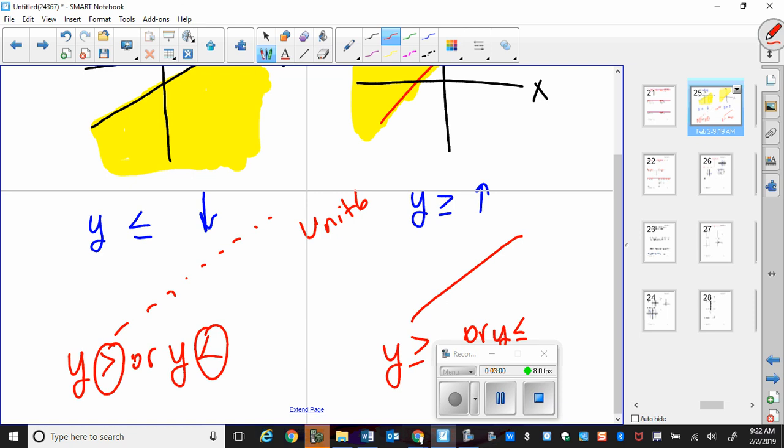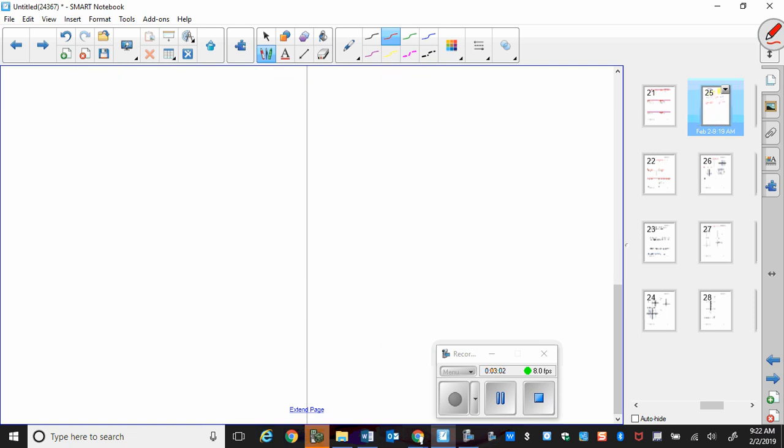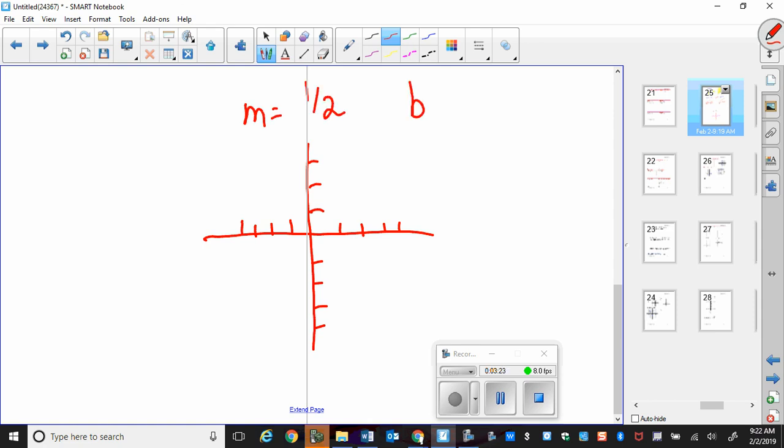Now, also, unit 5. On unit 4, how do we find the slope of a line? Well, how do we write the equation of a line? Let's say our slope equals 1/2, right? Our y-intercept is -2.